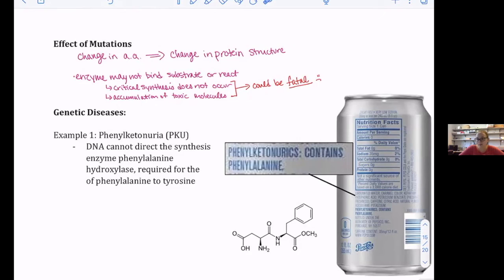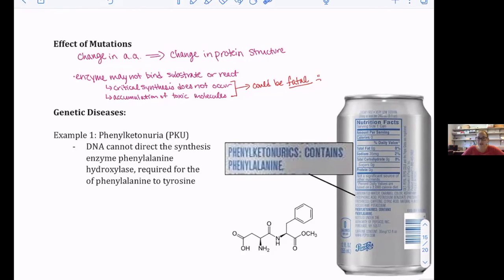So critical syntheses wouldn't occur, and you couldn't make molecules that you needed for that cell to function. You could also accumulate toxic molecules, so it could be fatal. But what I mean by fatal is not killing your whole body, it just kills that cell. That cell would die, and a new cell would take its place in most cases.